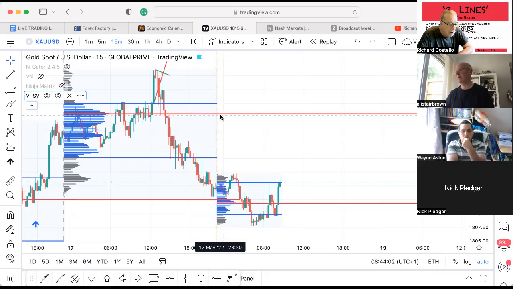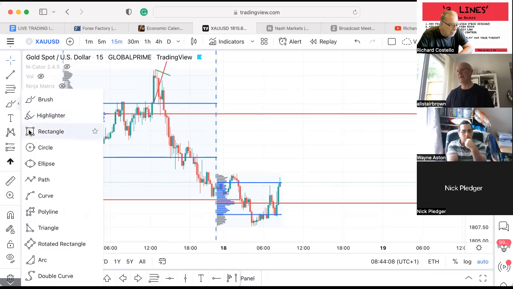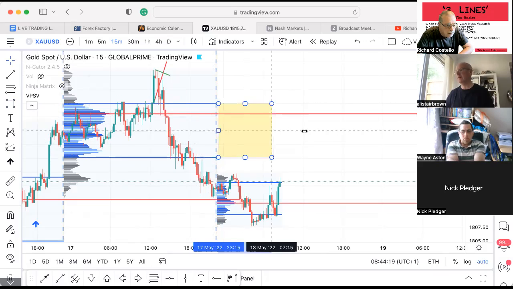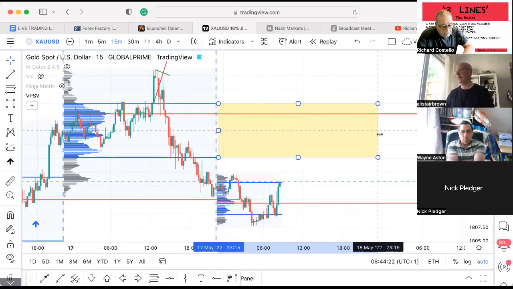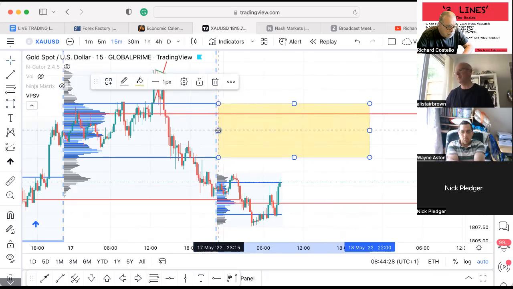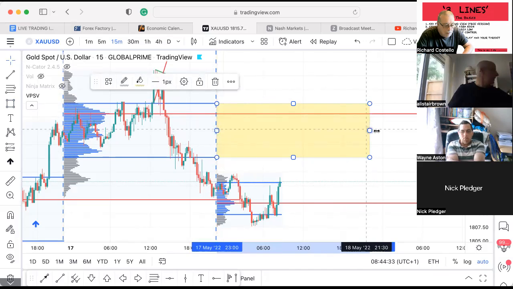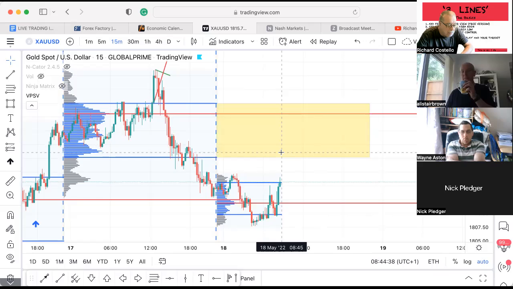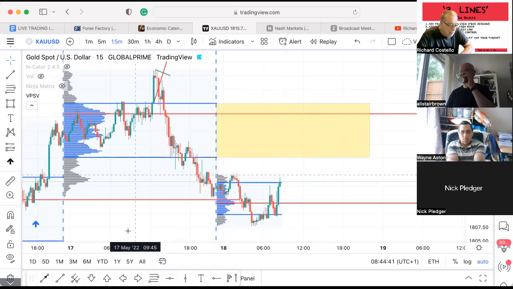And I identify today's field of play just by putting a rectangle, and I put it at the end of that blue line there. I drop it down to the end of that blue line there, and then I extend it to the end of today's session. So that would be 10 o'clock UK time. So that started at 11 o'clock last night, and it finishes at 10 p.m. tonight UK time. So I've now got my field of play and my eyes drawn to that automatically.